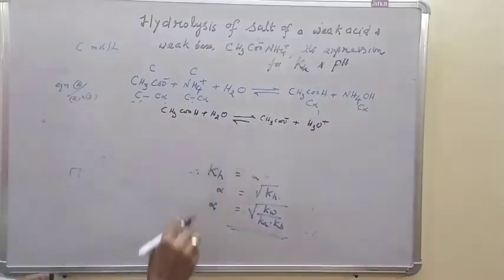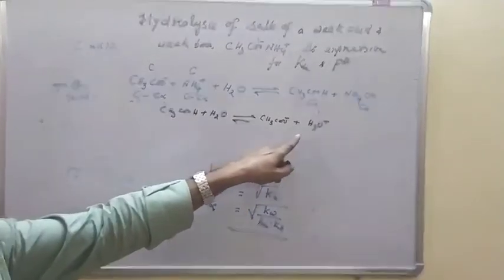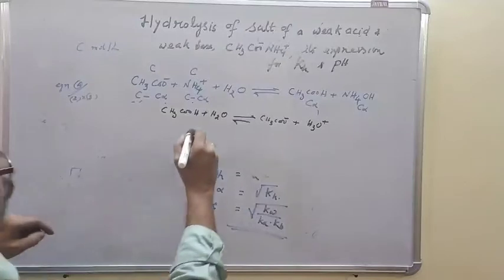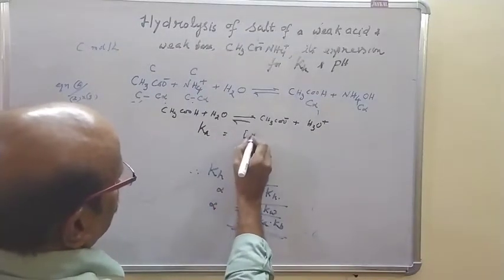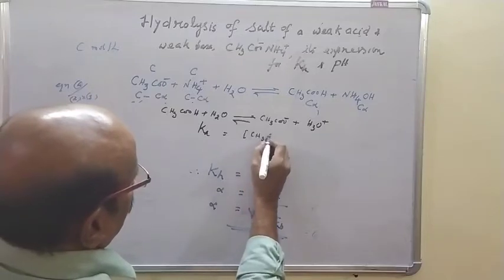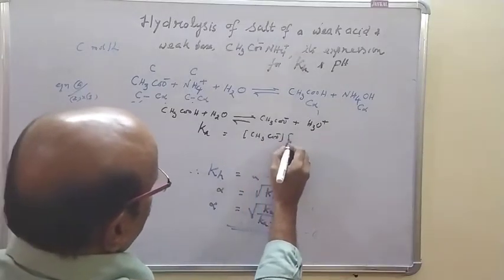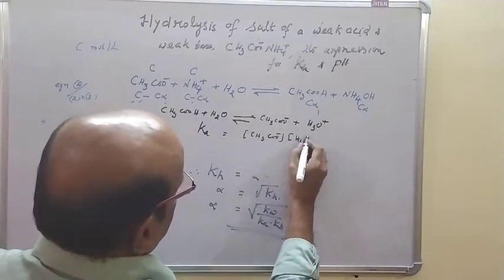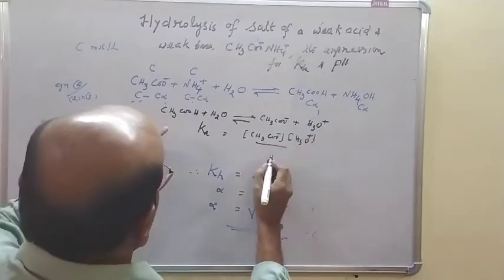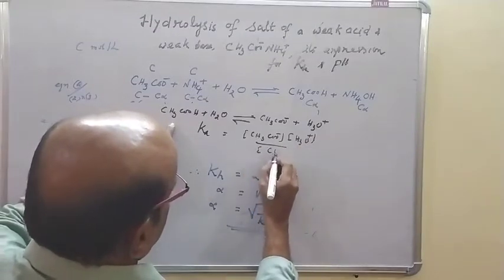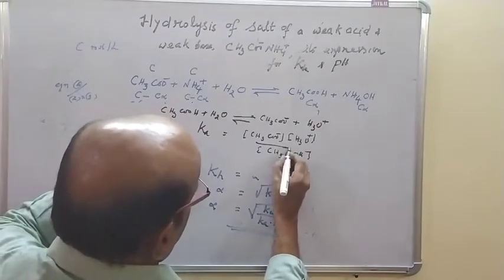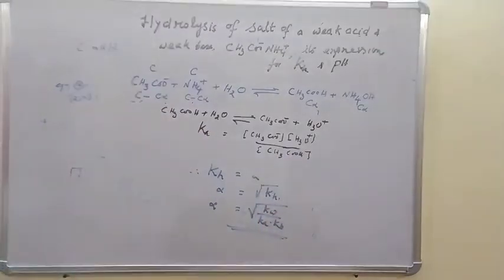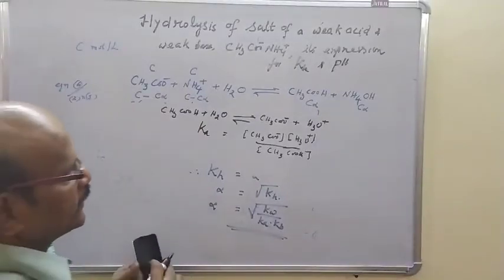So in an aqueous system the weak acid has an equilibrium like this. Therefore the equilibrium constant K is equal to CH3COO minus into H3O plus divided by the concentration of unionized acetic acid. This is a constant.